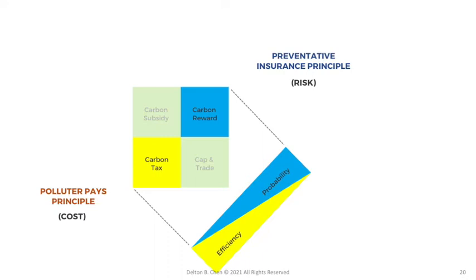So the social justification for the reward is framed by the concept of insurance, which is used to manage risk. So this is an important point about the entire carbon pricing matrix. The point is we've introduced these two decision paradigms, one being improving efficiency, denoted as yellow, and the other being managing probability, denoted as blue.